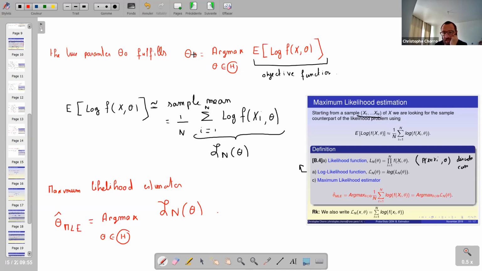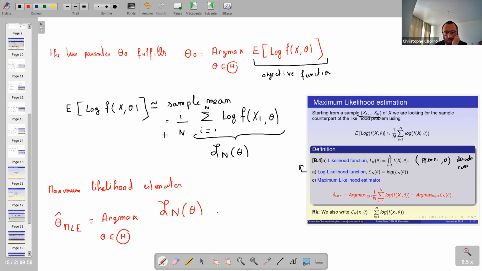So it's that natural. Theta 0 is expressed as a maximization program. I approximate this maximization program, I obtain a maximum in this approximated optimization program. That is what I call the maximum likelihood estimator. And then I hope that this estimator will be a good approximation of theta 0. And it's what we are going to see later on, that this is the case.